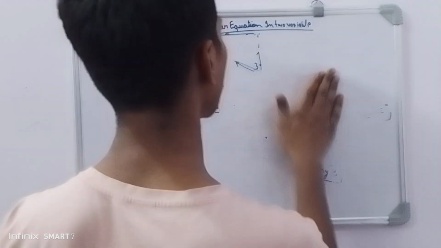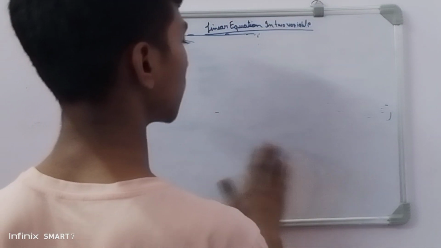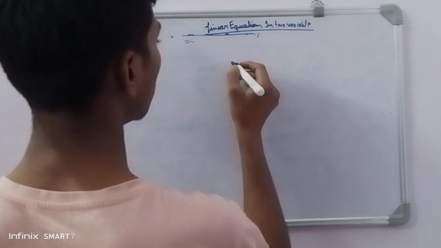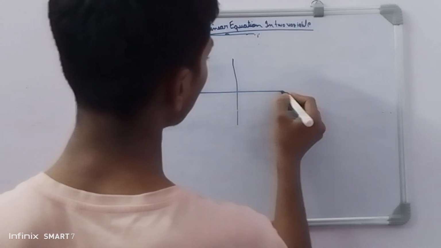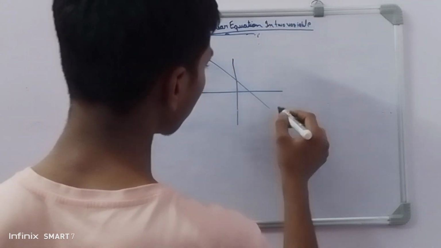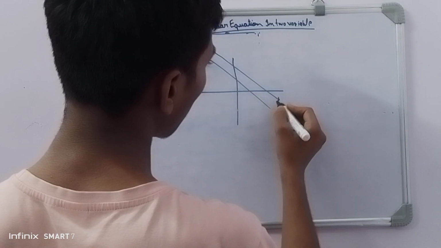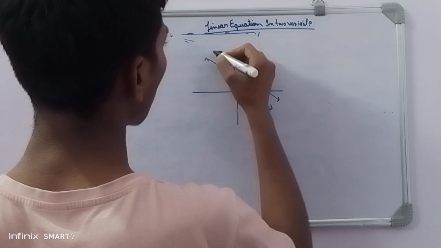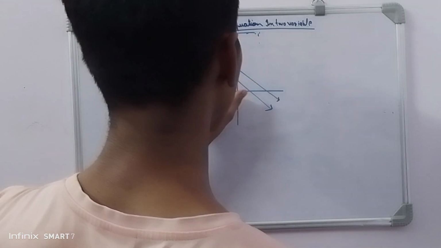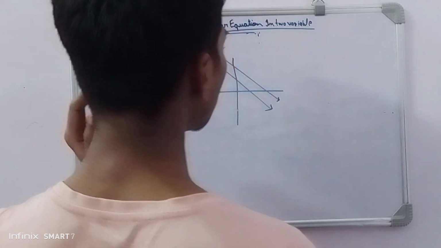Let's take another example to understand the condition of solubility. Just like we have this coordinate system and we get this line, and let's suppose we get another line like this. Both are different lines, that means both lines have different equations.